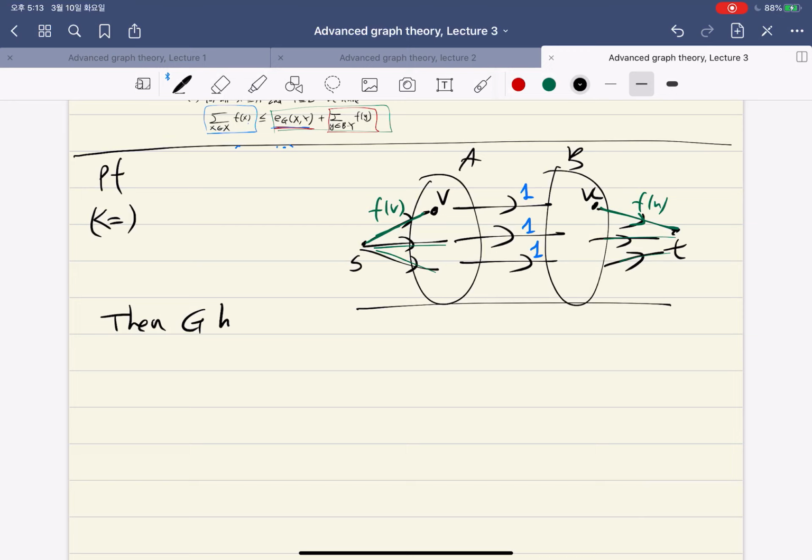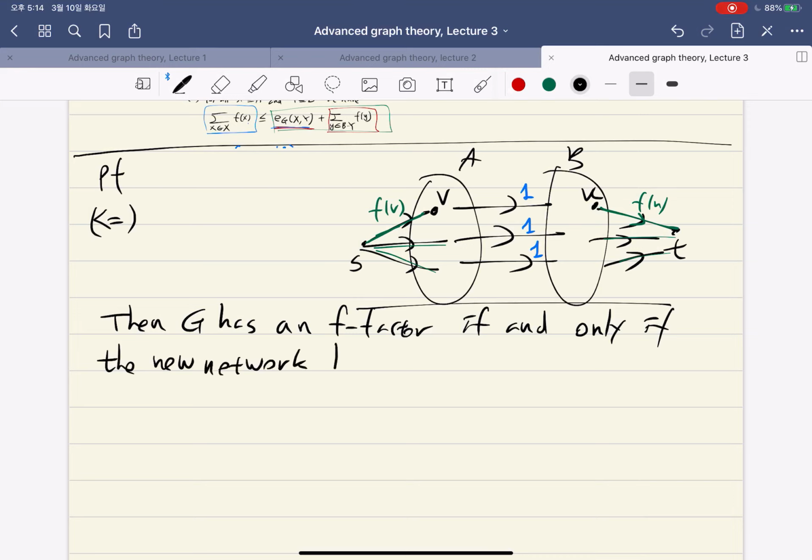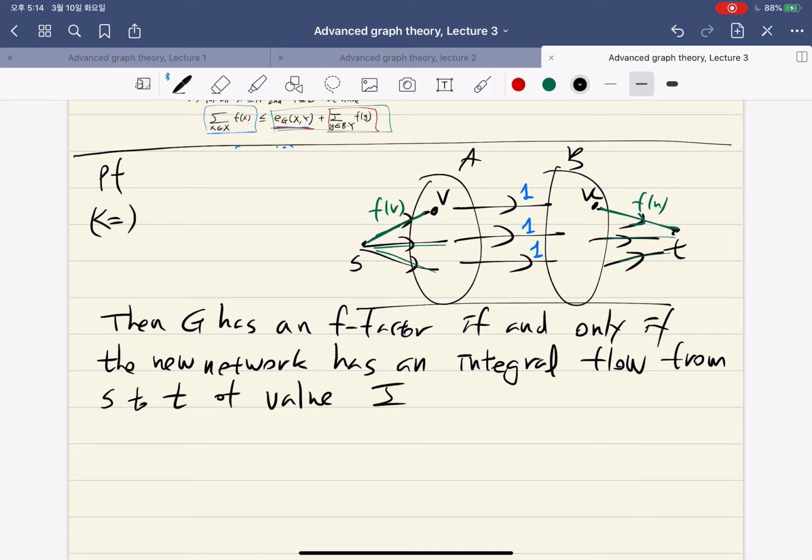Then G has an f-vector if and only if the new network has an integral flow from S to T of maximum possible value.